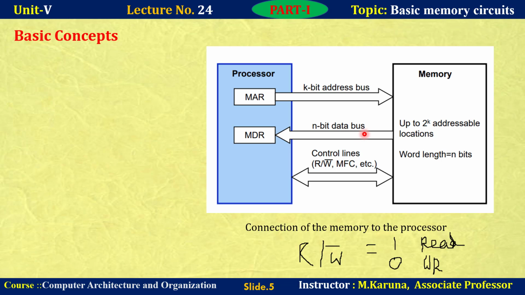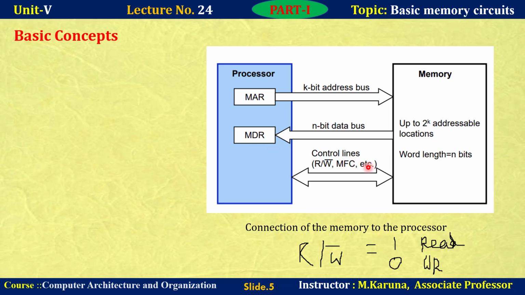The memory confirms this action by asserting the Memory Function Complete control signal. Upon receipt of the MFC signal, the processor loads the data on the data lines into the MDR register.